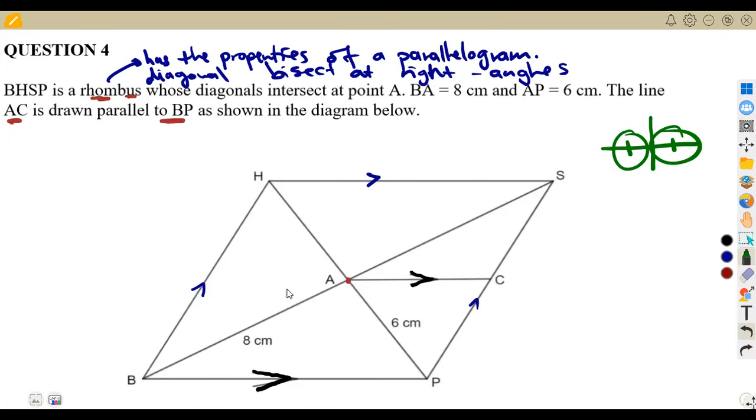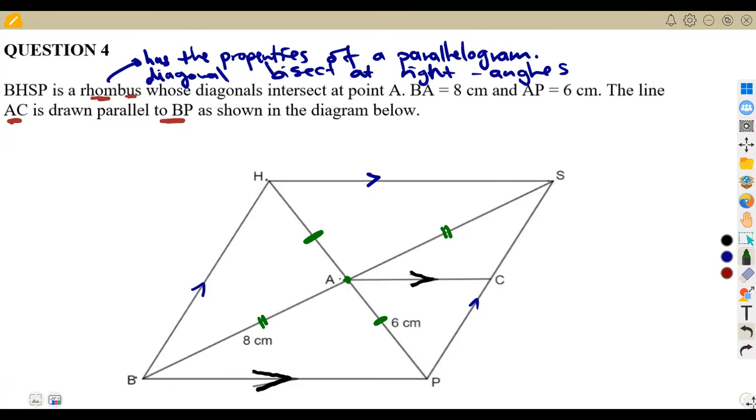This side will be equal to that side. That means from H to A is equal to A to P. The same thing from A to B is equal to A to S, because the point A is where they intersect.